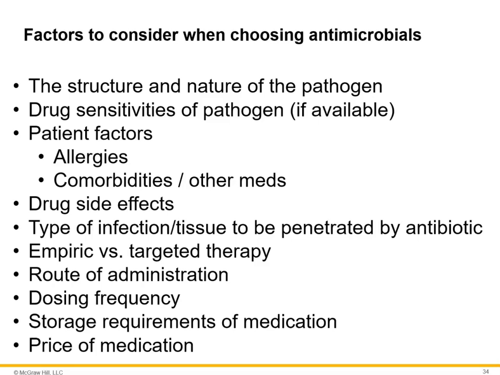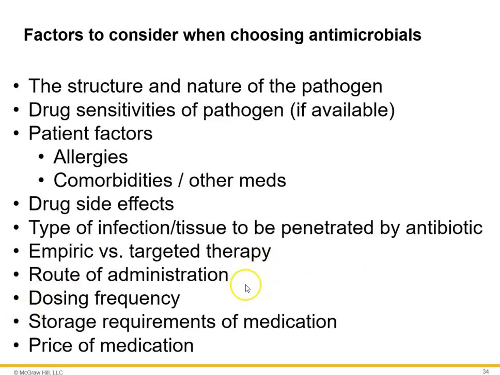This can be very important in severe infections like meningitis, where you just need to treat as best as you can because every moment is important. Targeted therapy, on the other hand, is going to be a situation where you know what this particular pathogen is sensitive to, so you select the most targeted drug that you can.